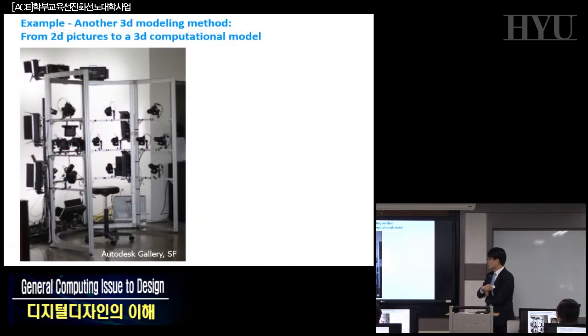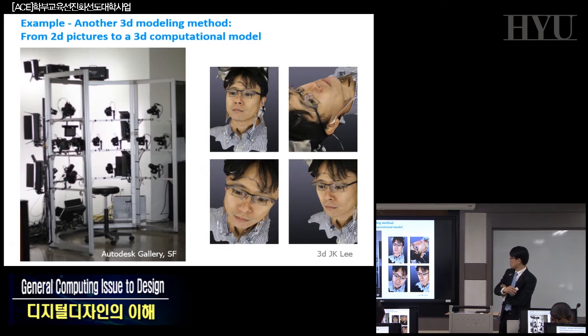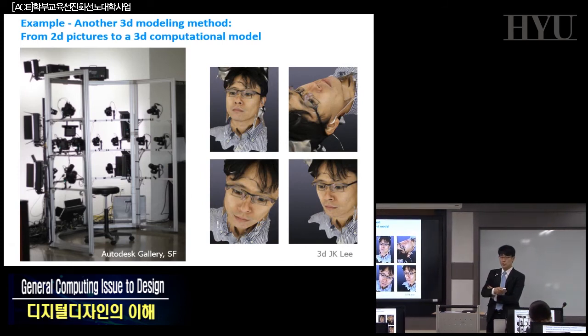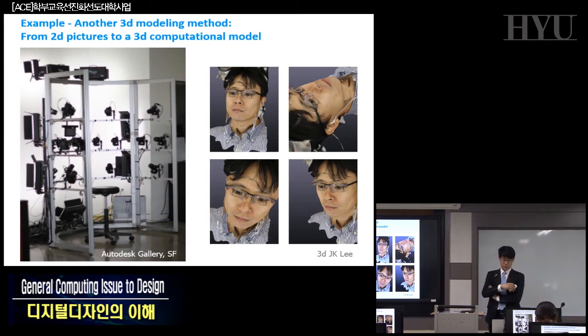How about this? When I was at Autodesk San Francisco, there was a prototype application using several pieces of hardware. DSLR cameras surrounded me, and I took this picture. When I took that picture, the DSLR camera images generated this kind of 3D shape.